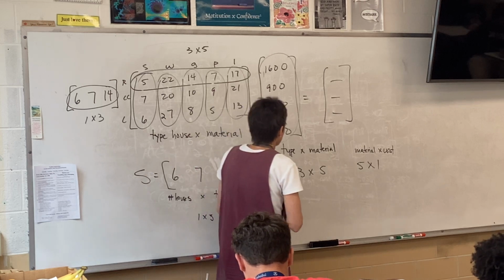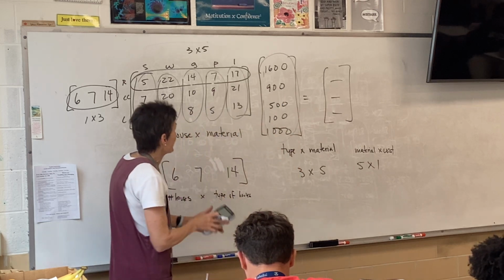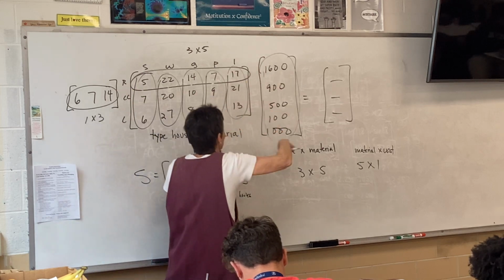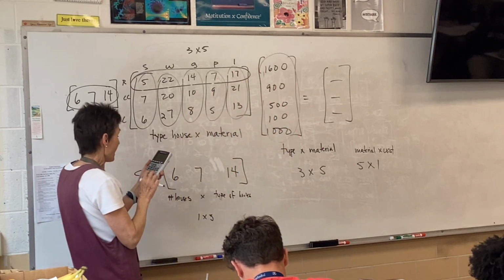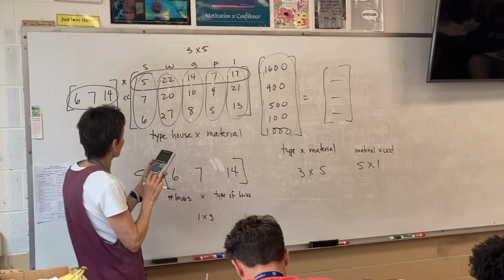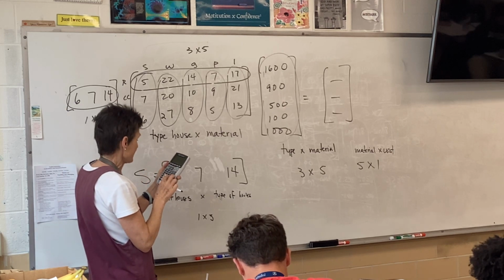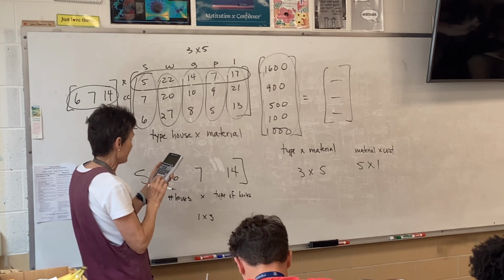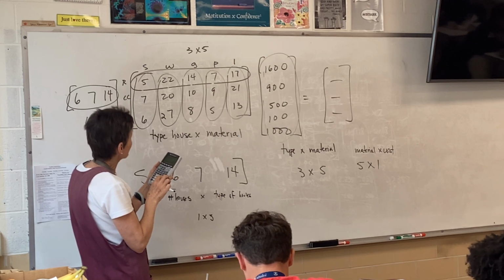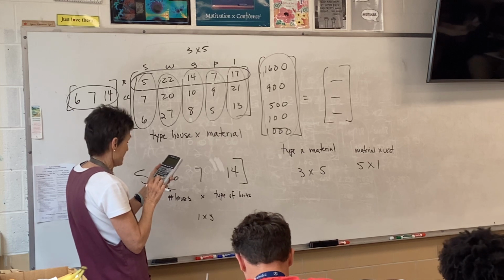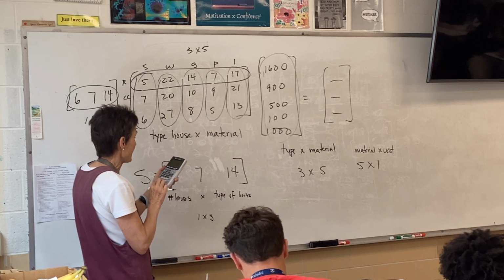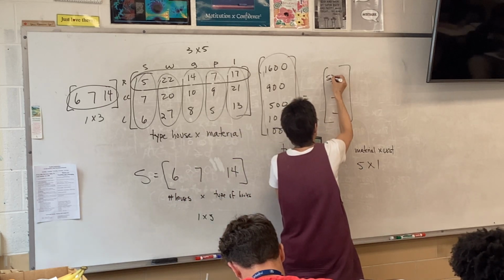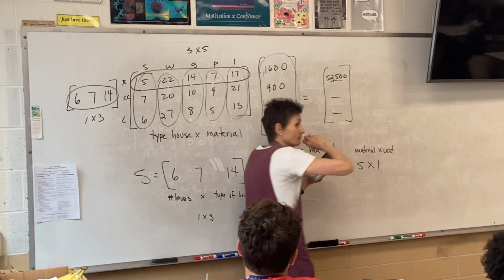So let's go ahead and figure one of those numbers so we get it right, so we can talk about it. So, row by column. 5 times 1600, 22 times 900, 14 times 500, 7 times 100, and 17 times 1,000. So I think a ranch house costs this much money.